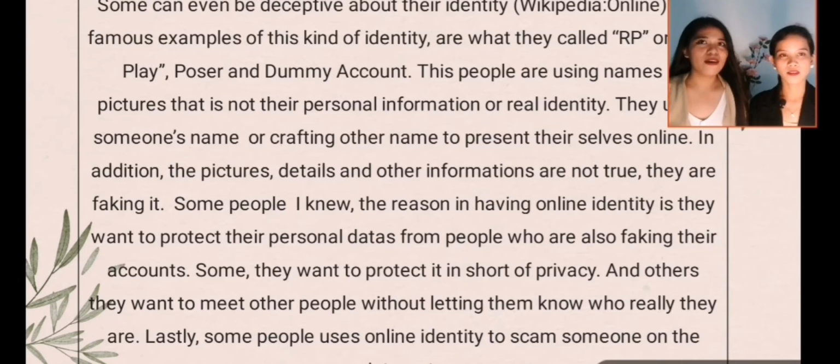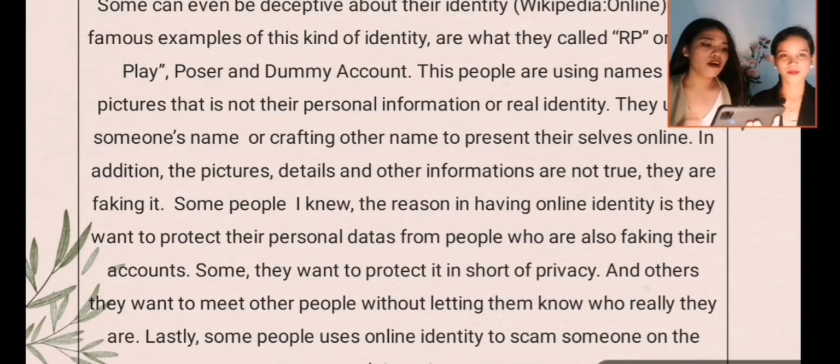So kaning pag himo og laing names, like mo claim kag laing other names, pwede siya maka-deceive sa mga innocent people sa online. And the famous example of this kind of identity is what we call RP. You know what is RP? Role play or poster. Familiar mo ng mga dummy accounts. So mao na siya kind of deceptive nga online identity nga naa sa digital world.